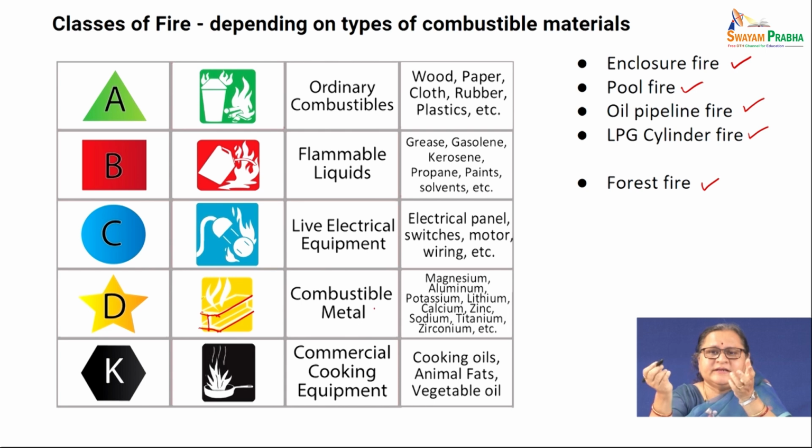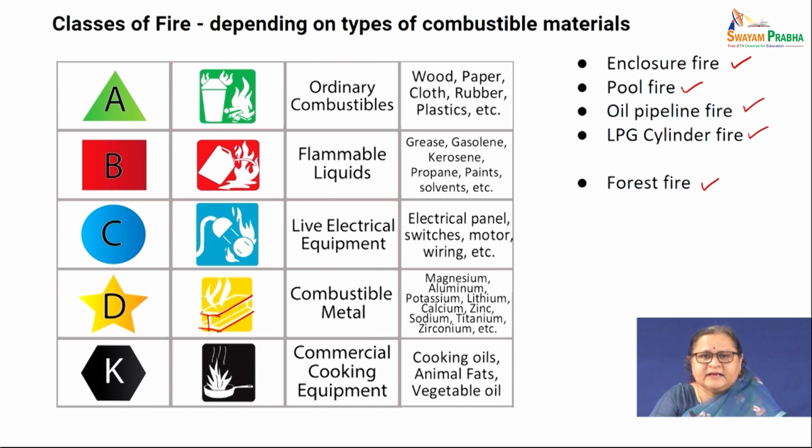They actually deflect and that can lead to fire, that can lead to failure of a building. K, the last one, is commercial cooking equipment, that is fire from vegetable oil, cooking oil, animal fat. When you are cooking in a pan, suddenly the oil can catch fire. Such things can happen in large scale kitchens, and we have to put a handheld extinguisher over there.